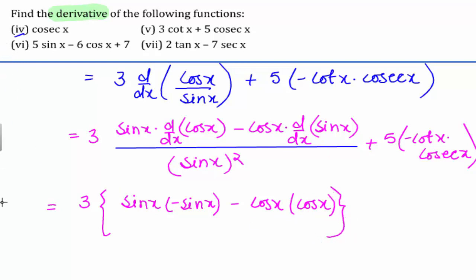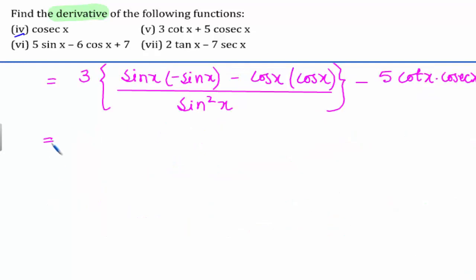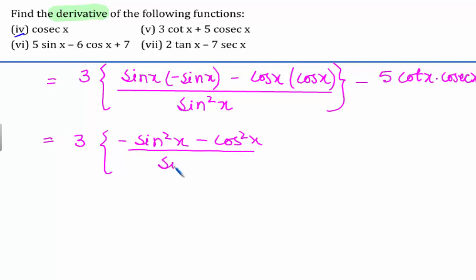Now this is further equal to 3 times of minus sin square x minus cos square x divided by sin square x minus 5 times of cot x into cosec x. Now taking the minus sign common, we have minus 3 times of sin square x plus cos square x, which is 1, divided by sin square x, minus 5 cot x into cosec x.